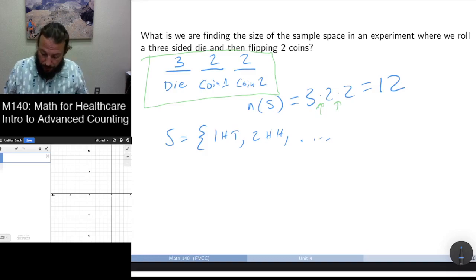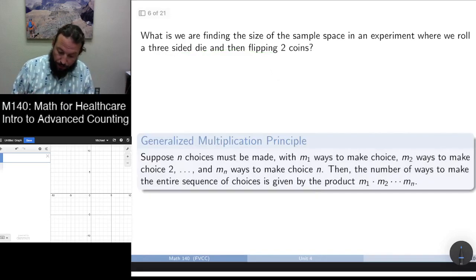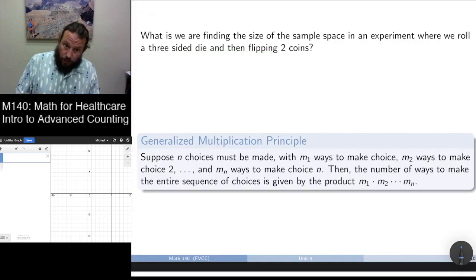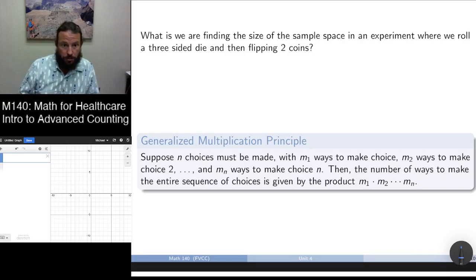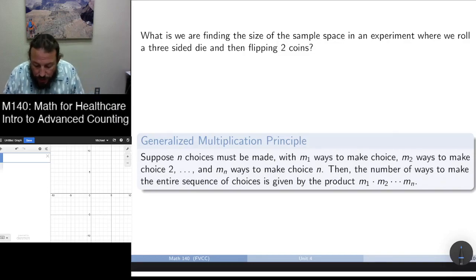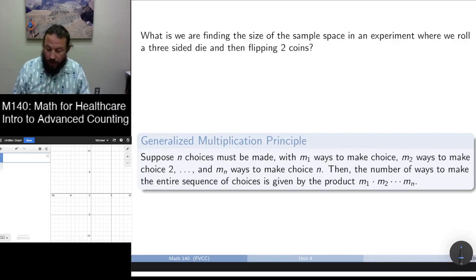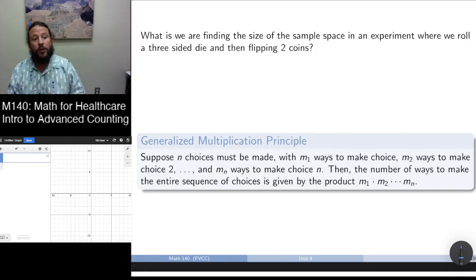All right? So we used it for 3. In general, we could use the generalized multiplication principle, okay? If we have n choices that we make, and there's m1 ways to make choice 1, m2 ways to make choice 2, and so on up to mn ways to make choice n, then the sequence of all those choices together is going to give me the product. How many are there?